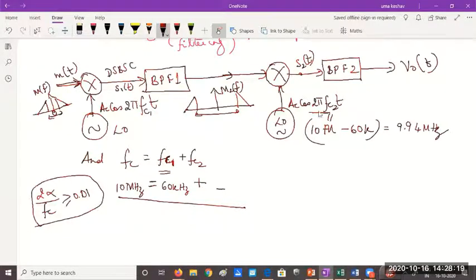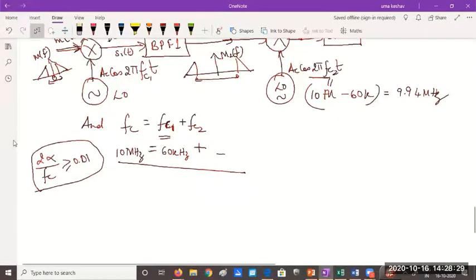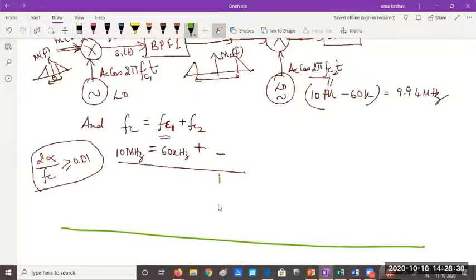Okay, so if this is done, how can somebody draw the spectrum, how this would look? The spectrum for this, as usual.